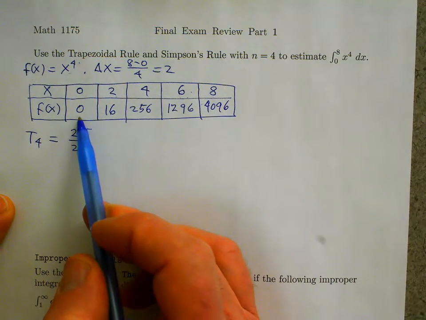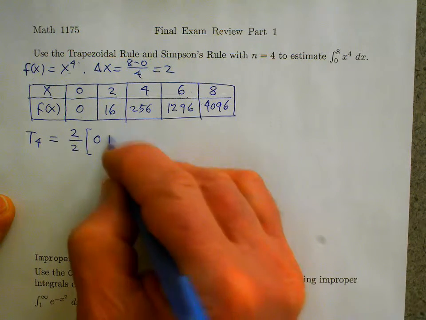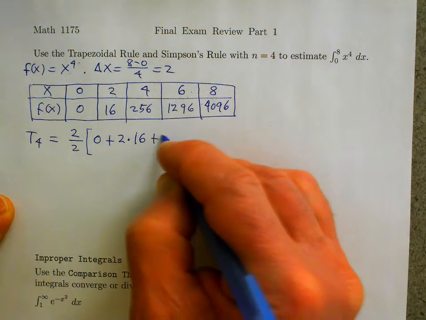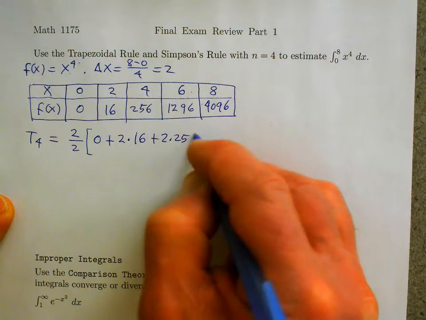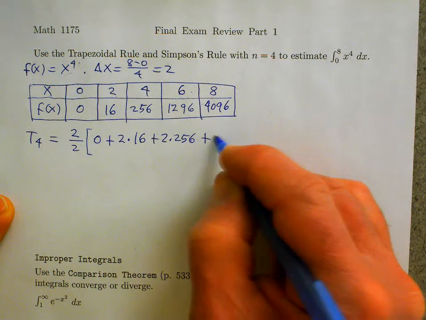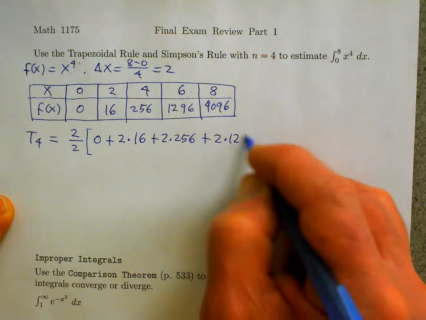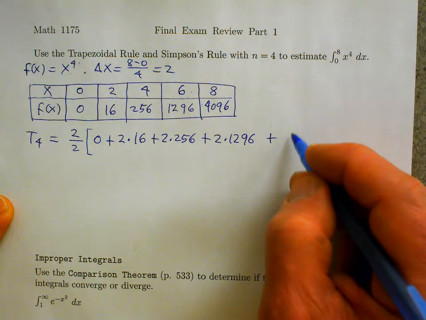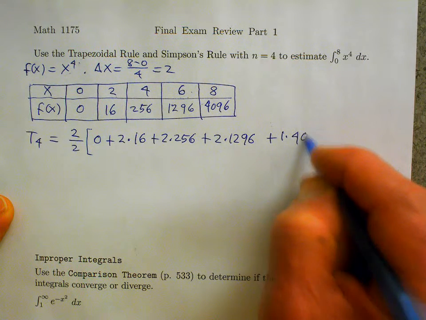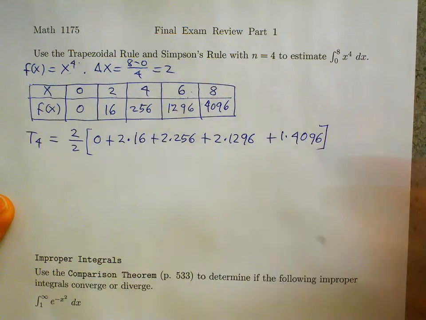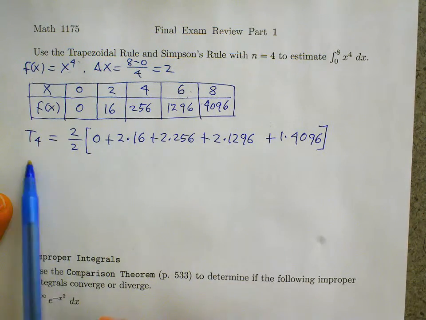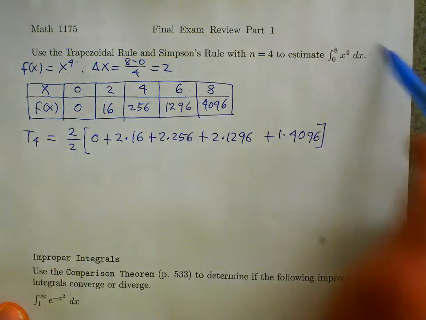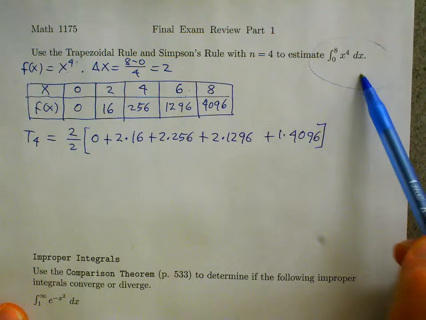And then the first term is 0, and then plus 2 times 16 plus 2 times 256 plus 2 times 1296, and then plus 1 times 4096. So I'll let you add those up, and you can compare it with the actual number.